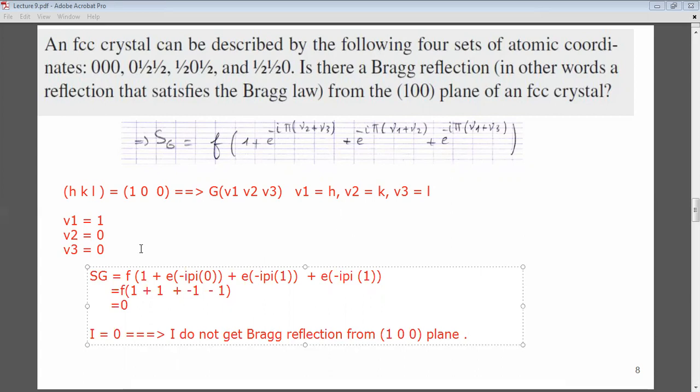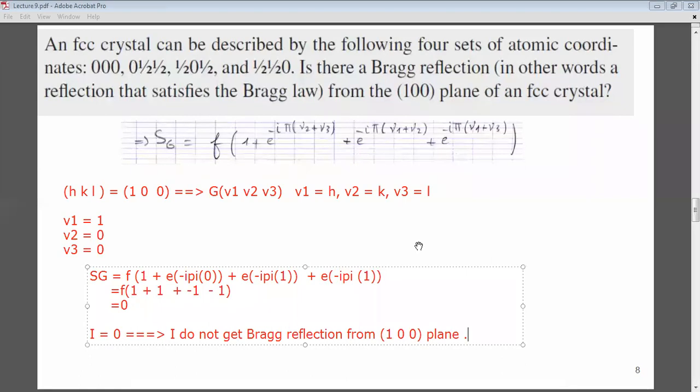We also concluded that here V1 is odd and the other two are even. Remember in the previous exercise, we found that if V1 is odd and the other two are even, the SG factor will be zero. But here I just did it in another way.